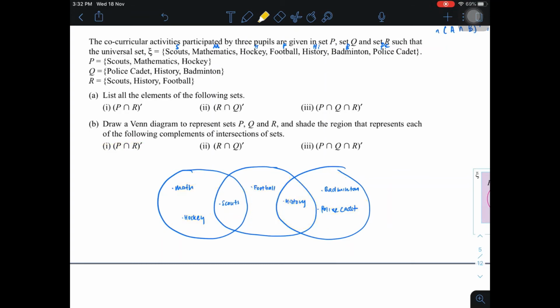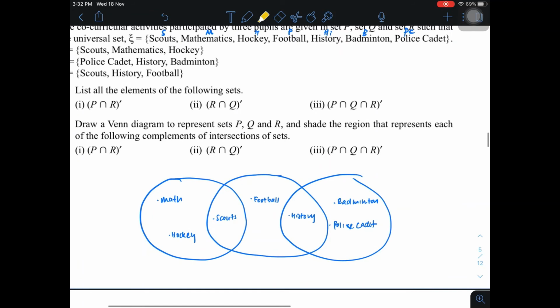For question 2, R intersect Q. We understand that R intersect Q is history. So what's the complements of it? The complements of it is everything except history, right? So that would be shading all this except history, because that history is the R intersect Q. Yeah. So that's for question 2.